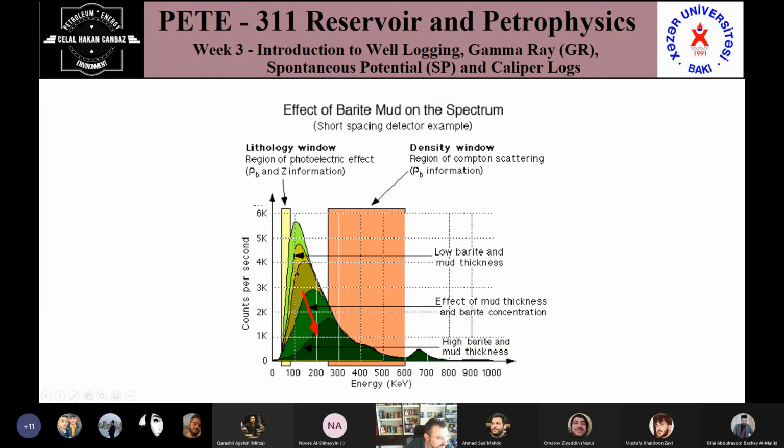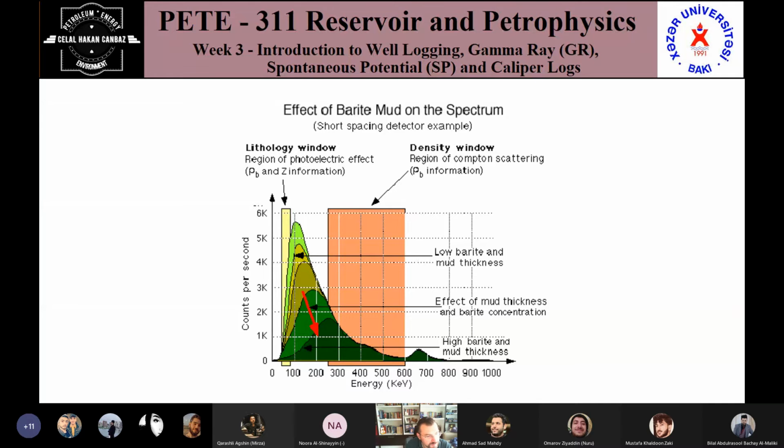When your barite level becomes higher, your cloud will come up like this with the higher barite. So your gamma ray counts will show lots of differences compared with the amount of barite used inside your drilling mud during drilling.